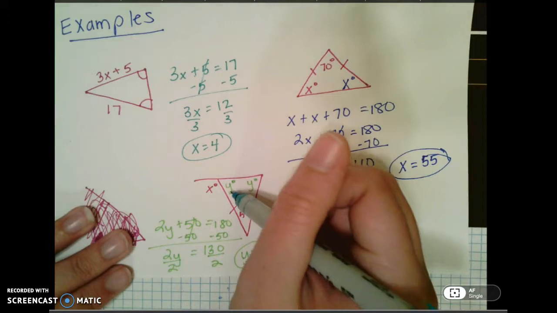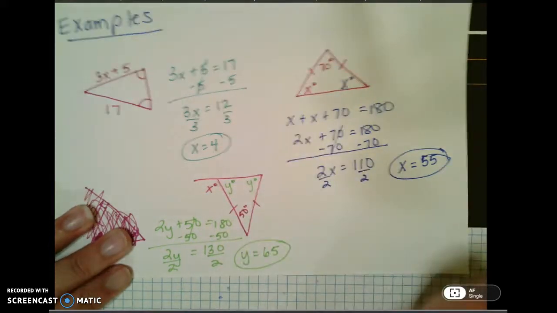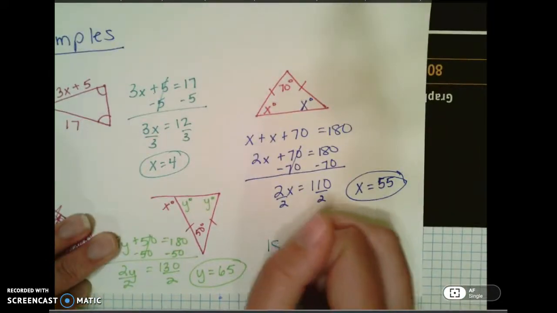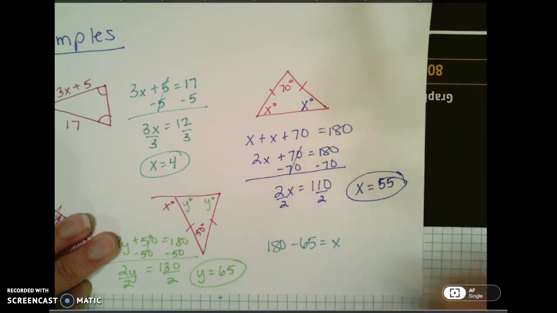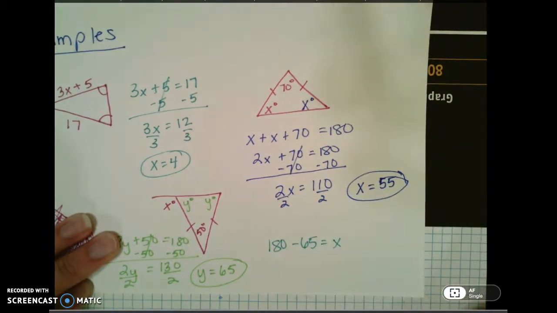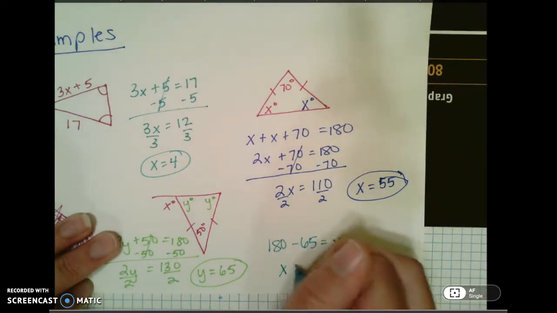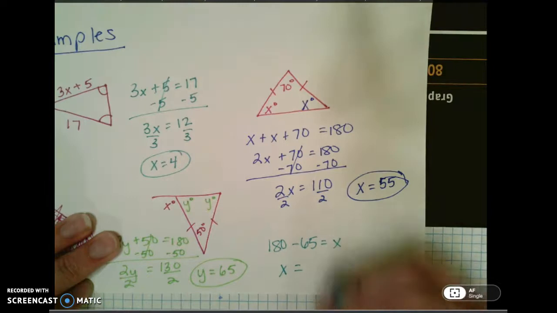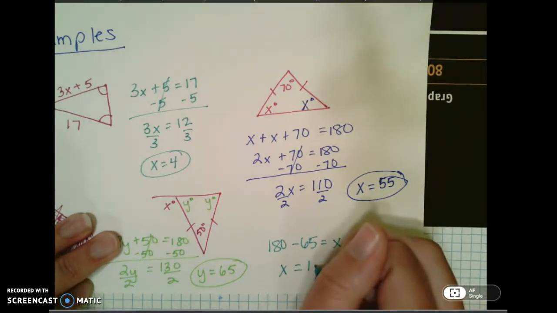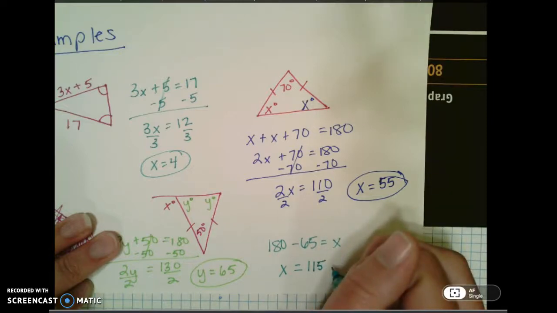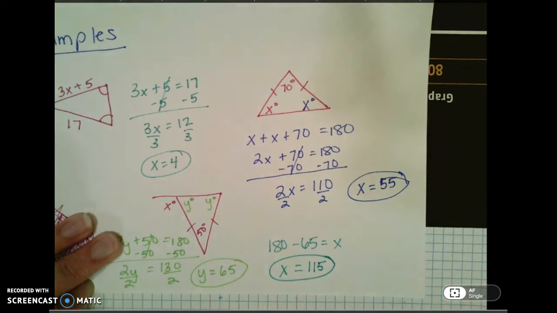So if I know that y is 65 and x plus y has to be 180, I could do 180 minus 65, and it would give me x. So then I have x equals 115.